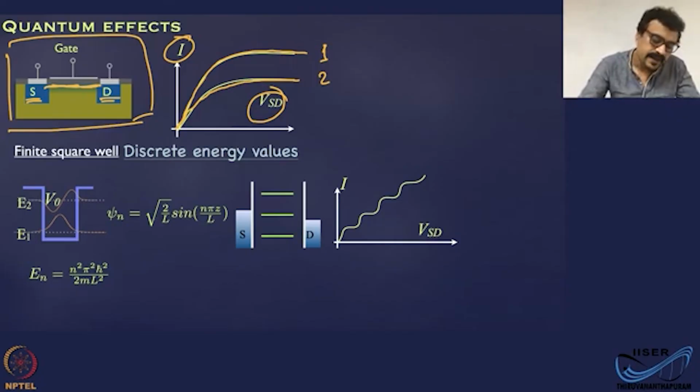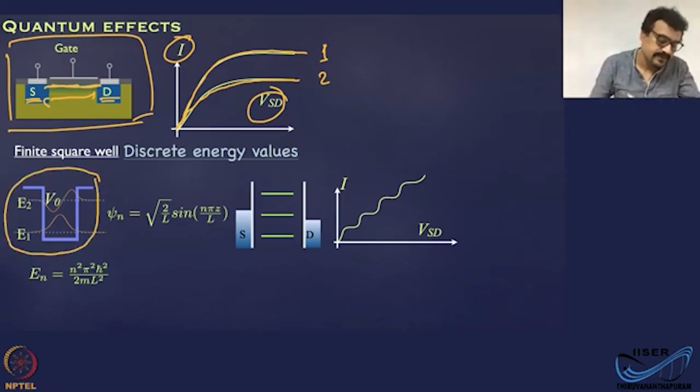Now, the action of reducing the channel dimension into the quantum regime, which I call really small, something like a few tens of nanometers, then your introductory quantum mechanics says that when you make something very small, you can have a discrete number of allowed states inside it. When you have a large region, you have a continuum of states, continuously distributed.